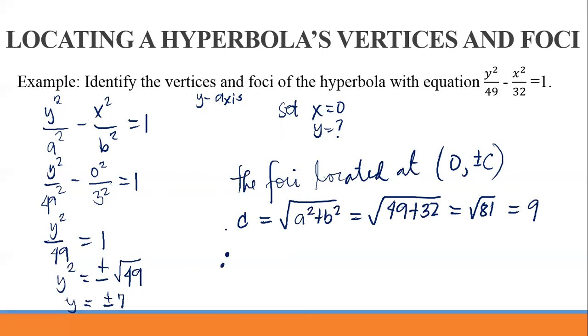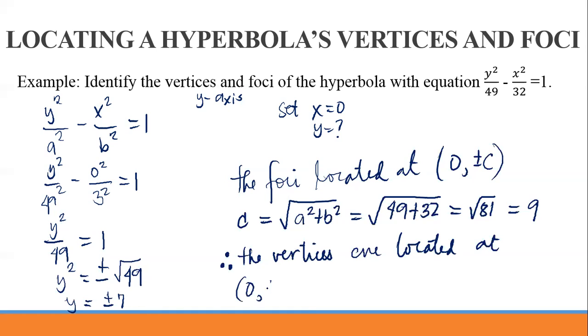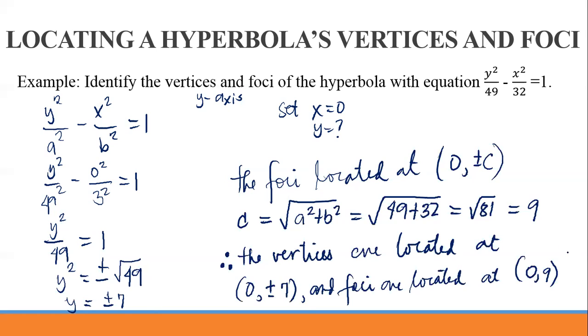So, therefore, the vertices are located at 0 plus and minus 7, and foci are located at 0, 9. Okay, same value ni c ay 9. Perfect square kasi si 81.